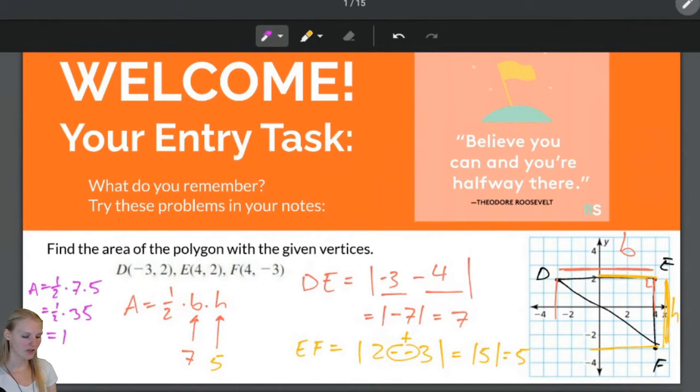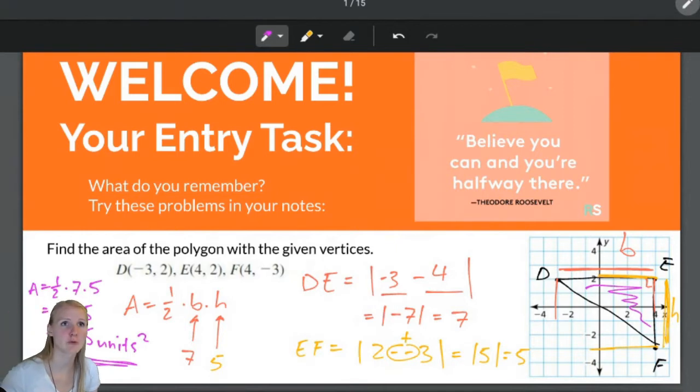It is 17.5. Now, because we're talking about area, we want to specify that this is units squared. These are square units. If I paint the inside of this triangle, I will need 17.5 square units of paint. Okay, there we go. We have found the area of the triangle.